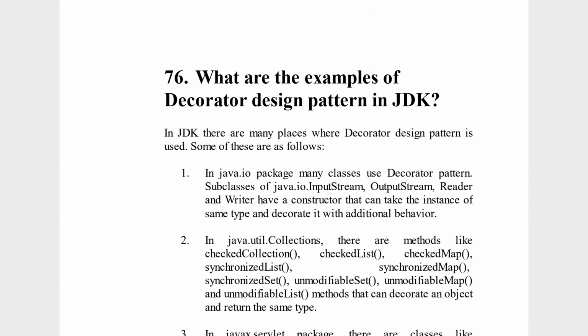We have talked about decorators before, but now we are talking about examples of the decorator design pattern. If you look at all the subclasses of InputStream, OutputStream, Reader, and Writer, they have a constructor that can take an instance of the same type and decorate it with additional behavior.